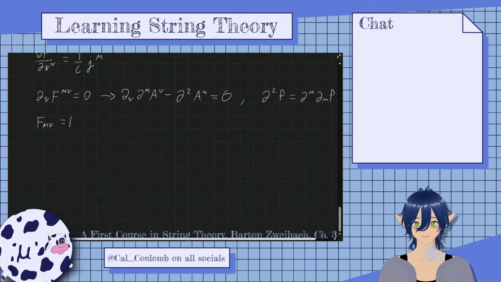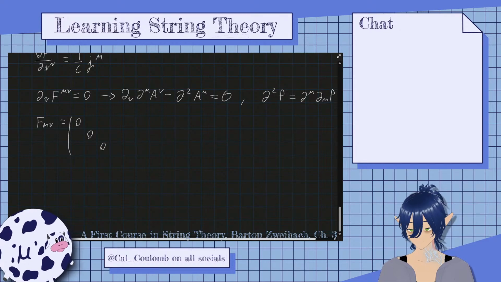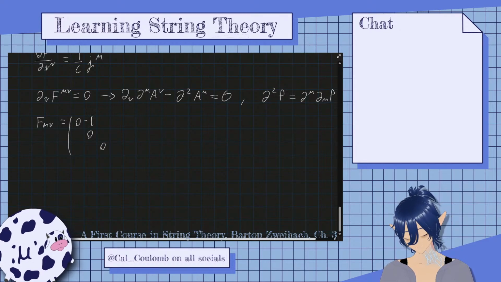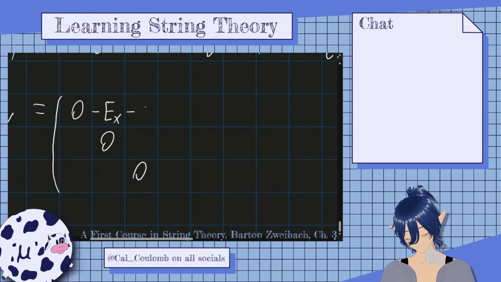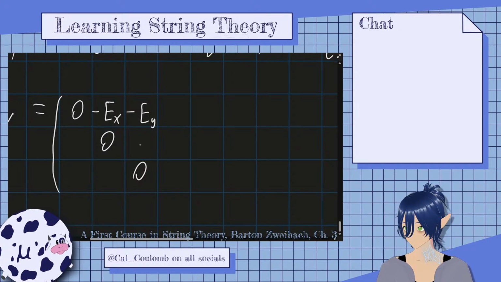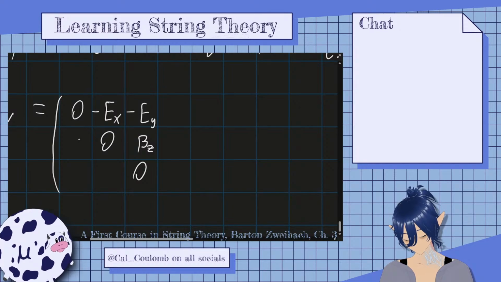So we can write that 3x3 matrix as, again, zeros on the diagonals, minus Ex, minus Ey, Bz, and maybe I should zoom in so that I can make this legible. Minus Ex, minus Ey, Bz, Ex, Ey, Bz.